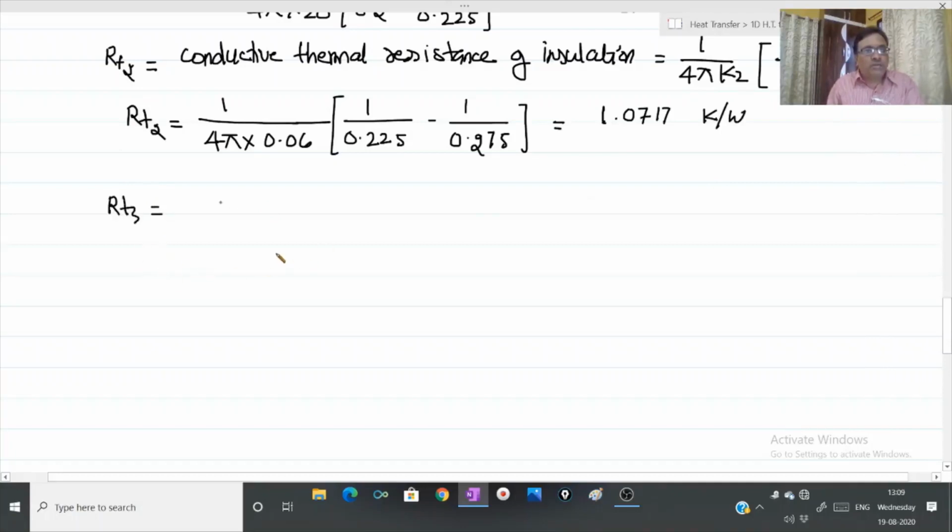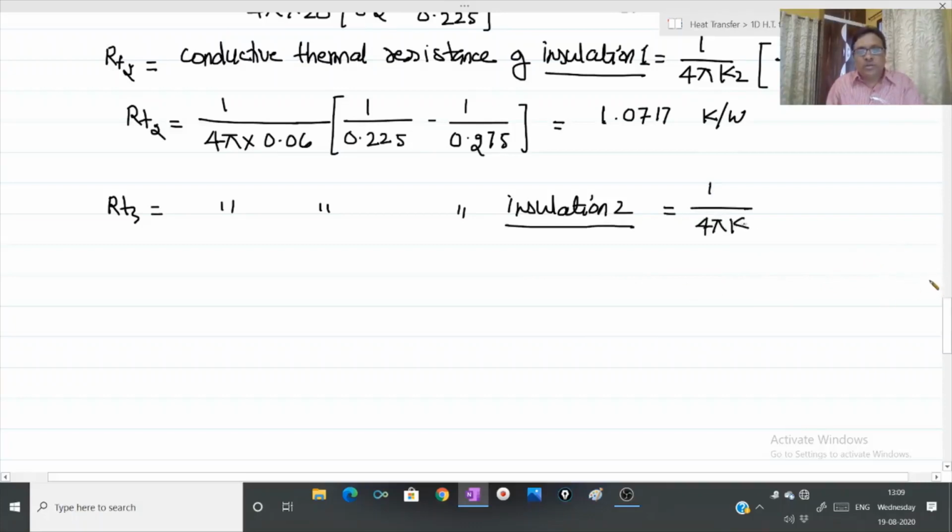Similarly, RT3 will be the conductive thermal resistance of insulation 2. It is also of spherical shape, so its resistance can be calculated as 1 over 4 pi K3 into (1 over R3 minus 1 over R4).